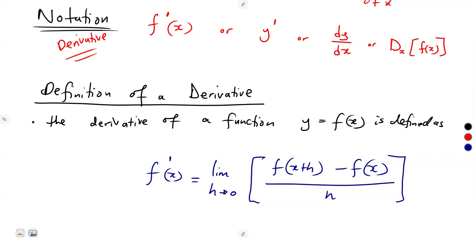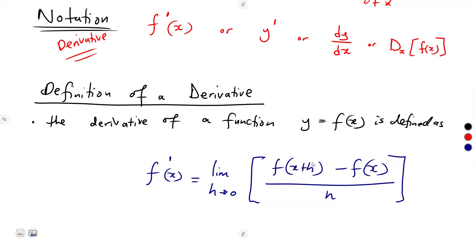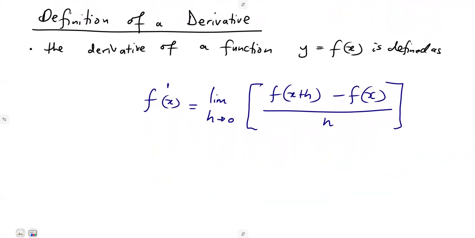We are going to be working with this formula, which is applied under first principles. According to your syllabus, you must know this. You must be able to find the derivatives from first principles of a quadratic function, something of this nature, a cubic function of this nature.